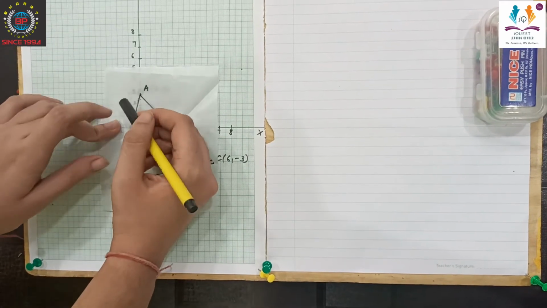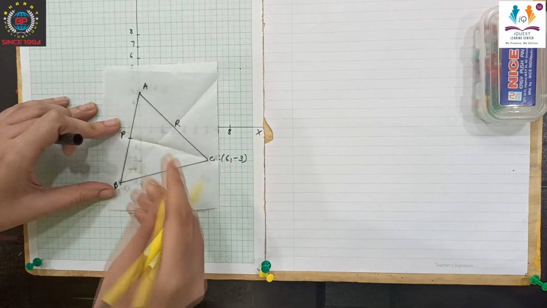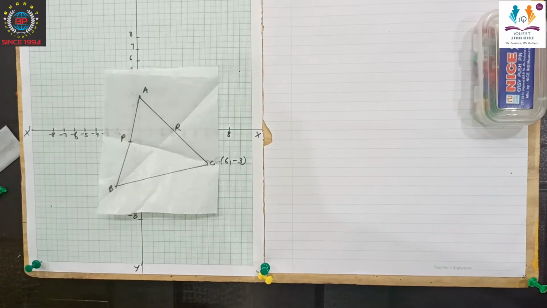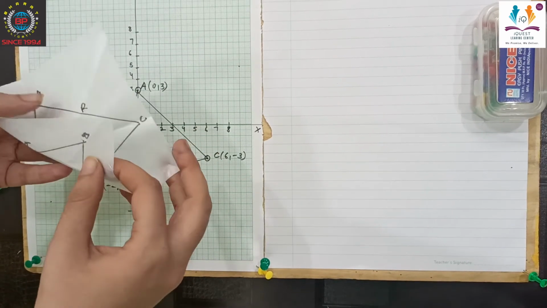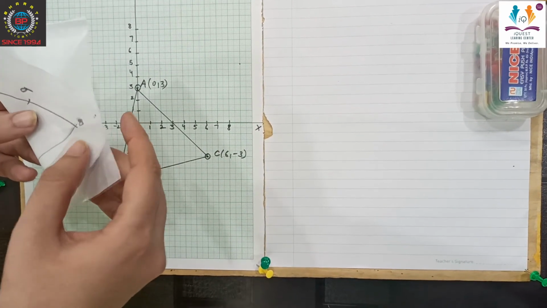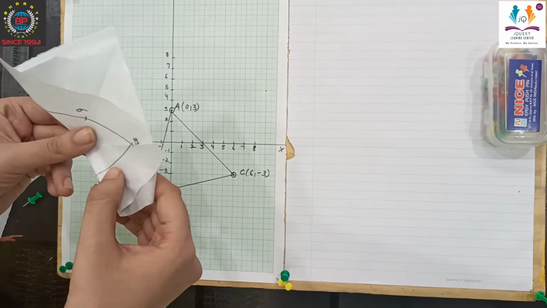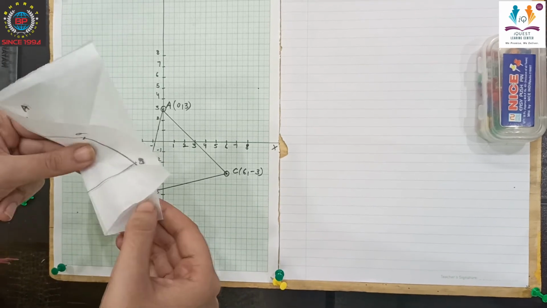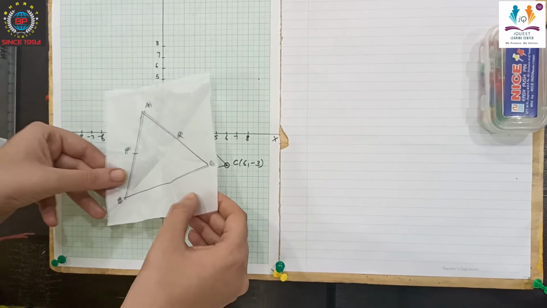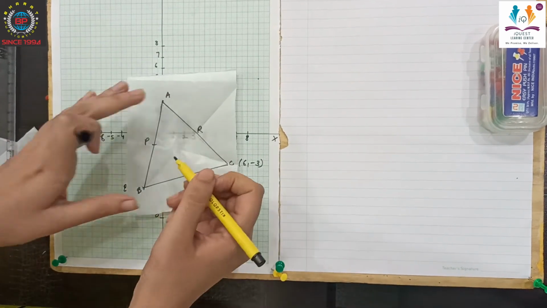So mark it as P. Similarly, I will fold the paper alongside BC such that B coincides with point C. So now press it gently, open it. This is the midpoint. Mark it as Q.